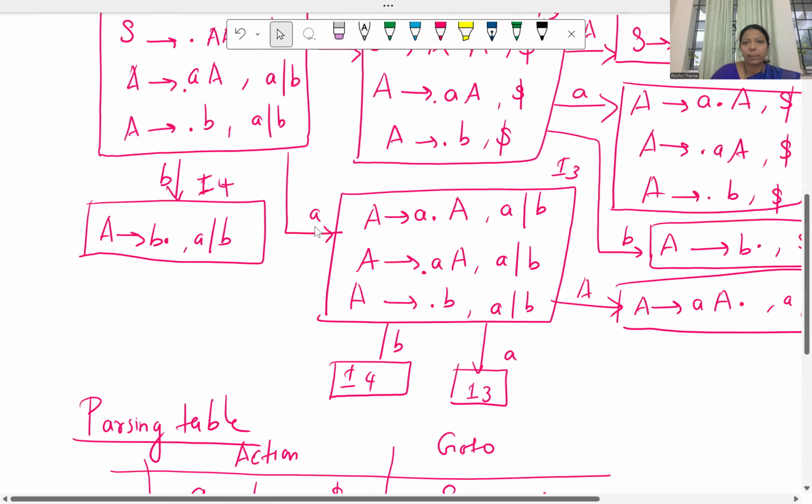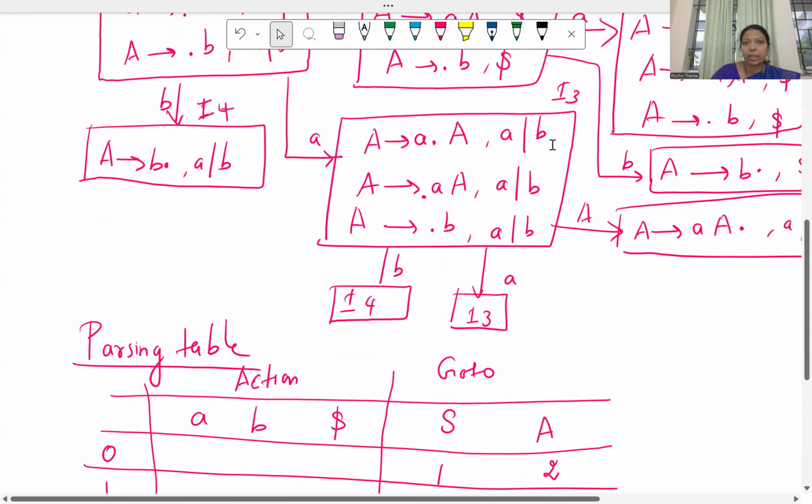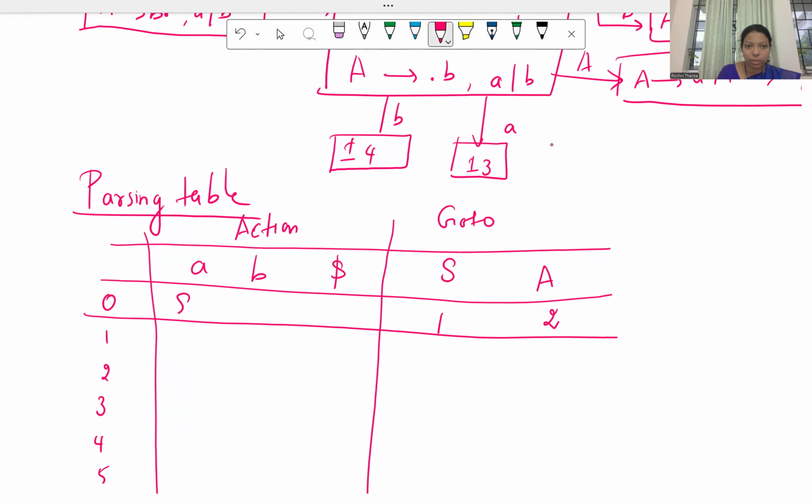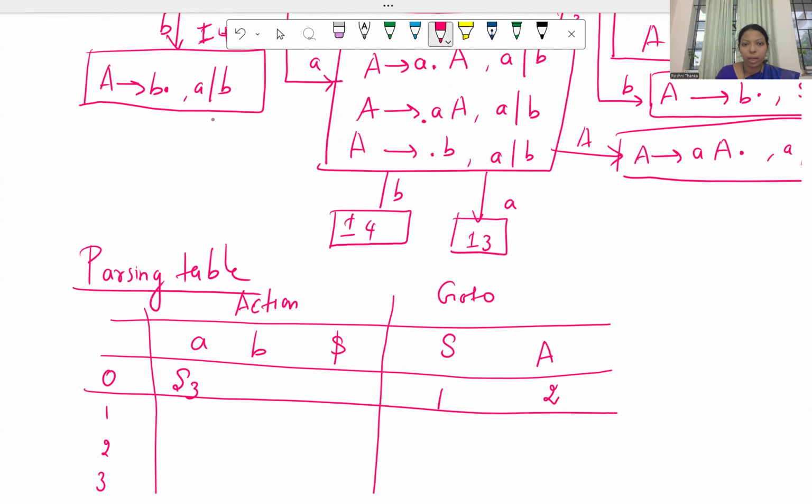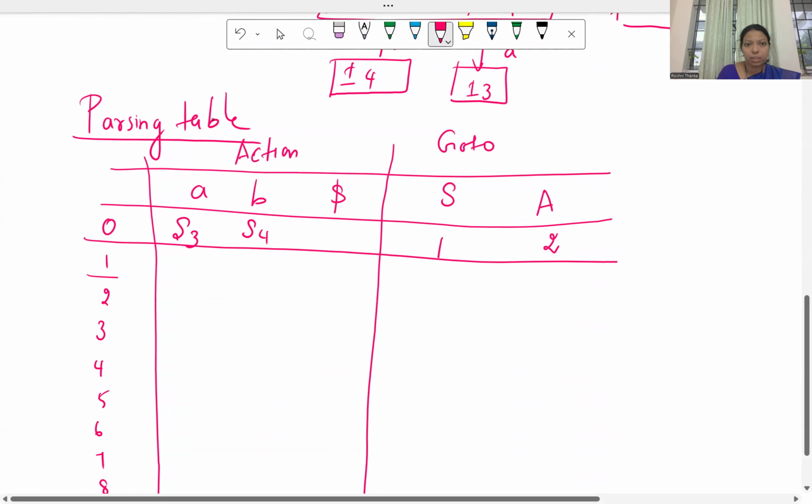On small a, it is going to I3. If it is this side, you have to write S3. The 3 is the state number, and S is for shift. On small b, it is going to I4, so I have to write S4. Got it? So we're done with state number 0.